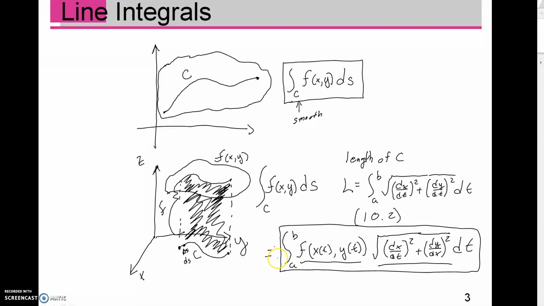All right, so what I'm going to do now is just do the example. So I'm going to go to example 1 on page 1076. This is a pretty simplistic example here.